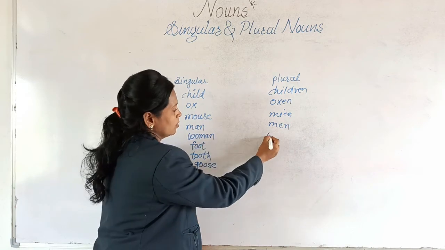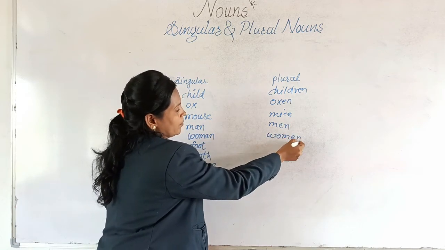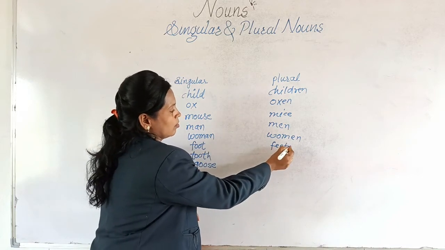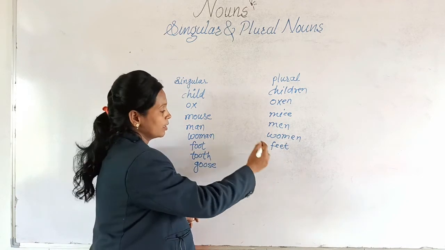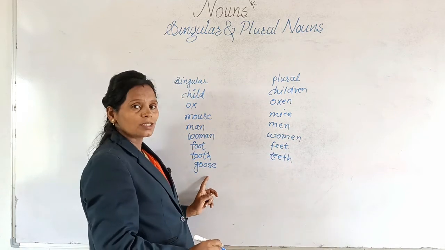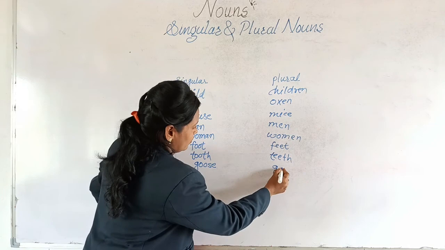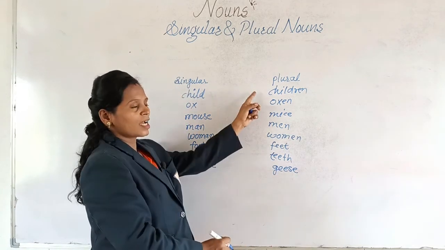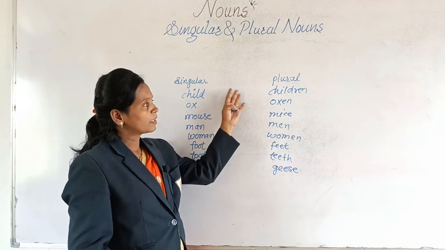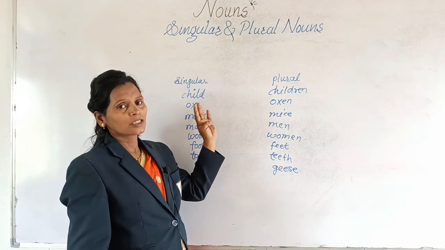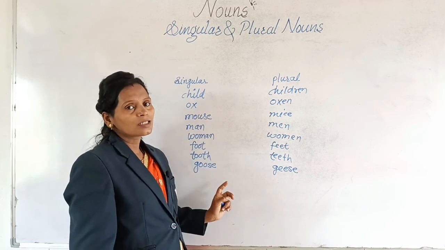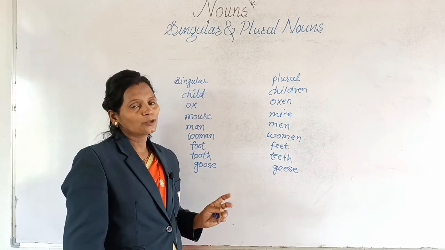Woman, women. Foot, feet. Tooth, teeth. And last, goose, geese. So these are the plural nouns. Children, now you know how to make them singular to plural. These are the plural nouns and these are the singular nouns. I hope you understood very well.